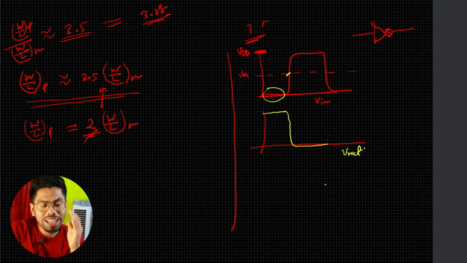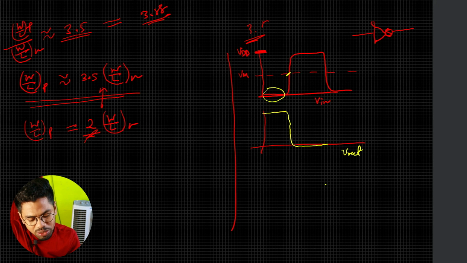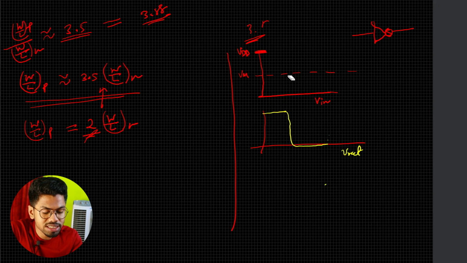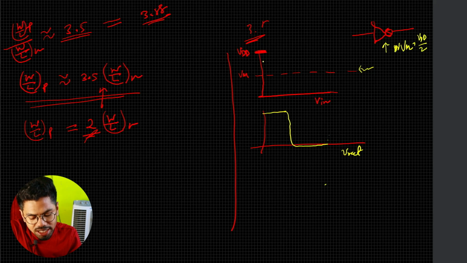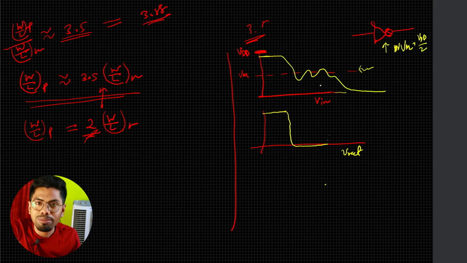But now let me add a twist here. Just remember that we have designed this inverter for VM to be halfway, VDD by 2. This is your halfway. We have designed it like that. But now we got one signal, and that signal is a little bit wild. It is okay when it is high, but whenever it goes low, it is bouncing and then settling down. Now tell me, if you design your inverter like this, what will happen?